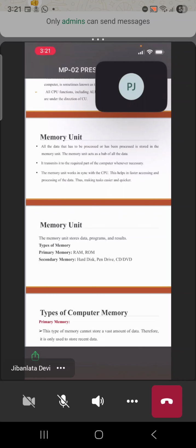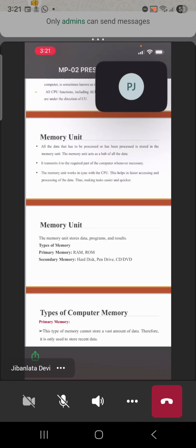The data is stored there, and it transmits it to the required part of the computer whenever necessary. The memory unit works in sync with the CPU, synchronized with the central processing unit, and it helps faster accessing and processing of the data, thus making tasks easier and quicker.